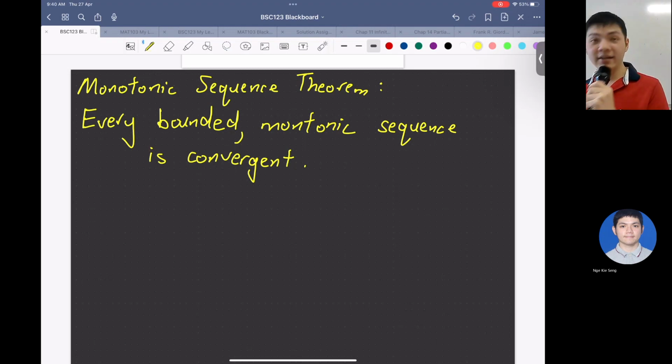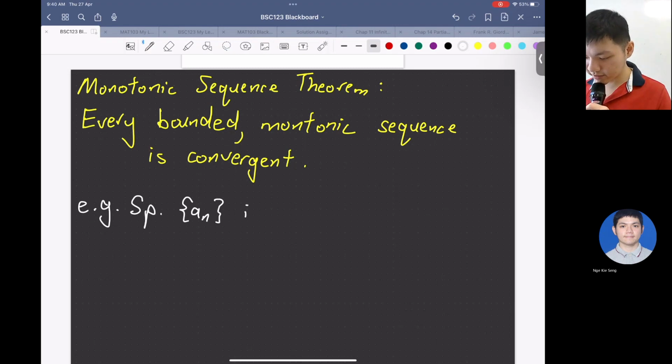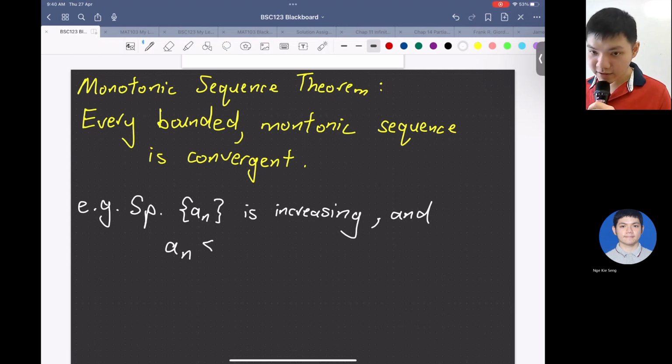Okay, so example. One question: suppose you know that a_n is increasing, and every term of a_n is bounded between 1/3 and 1.